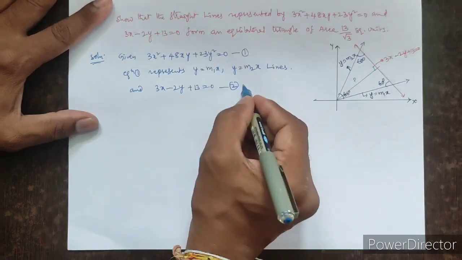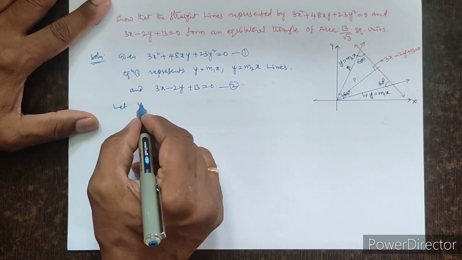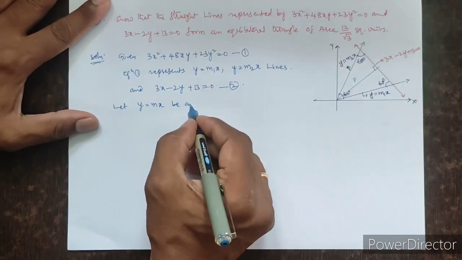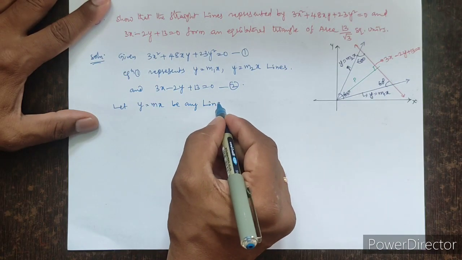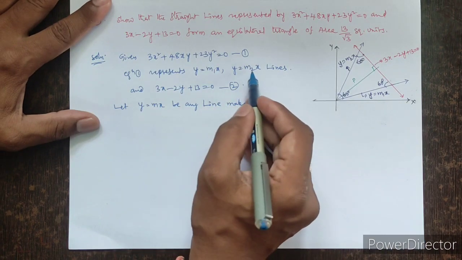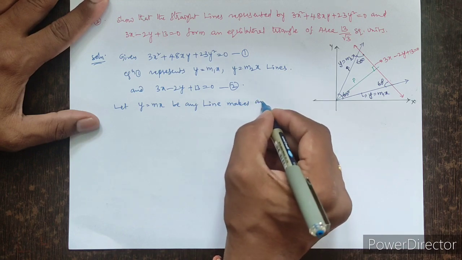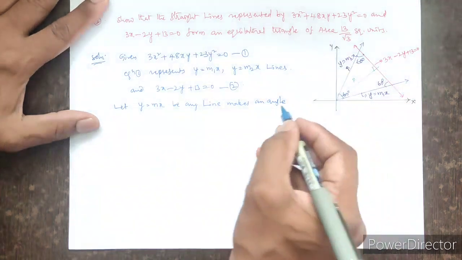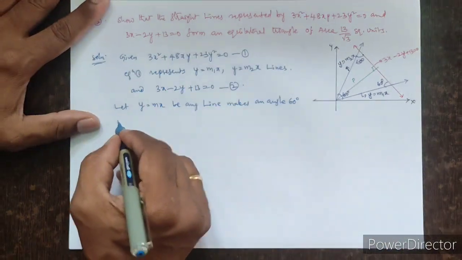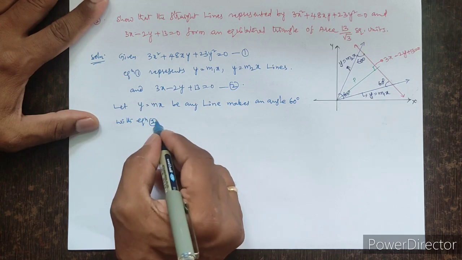This is equation number 2. Let y equal to mx be any line that makes an angle of 60 degrees with the given line, which is equation number 2.